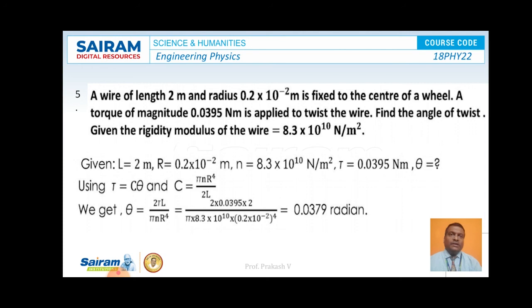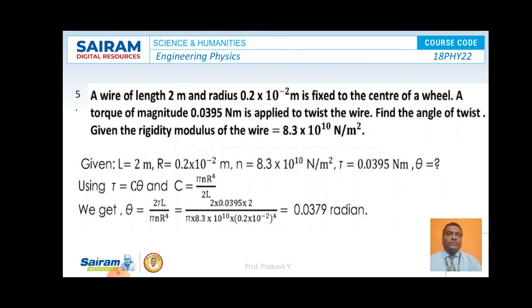So again, a wire of length 2 meter and of radius 0.2 into 10 to the power of minus 2 meter is fixed to the center of a wheel. A torque of magnitude 0.0395 Newton meter is applied in order to twist the wire. So here we have to find the angle with which the wire twists, given the rigidity modulus of the wire is 8.3 into 10 to the power of 10 Newton per meter square.